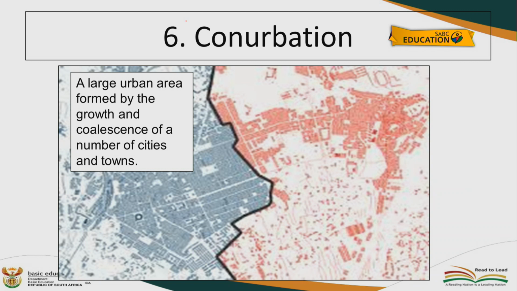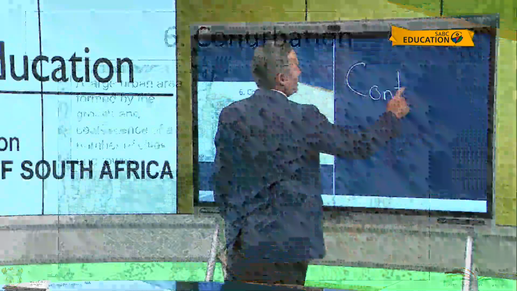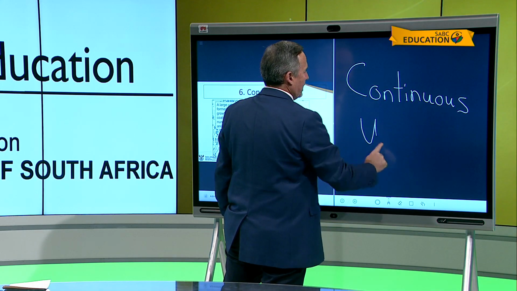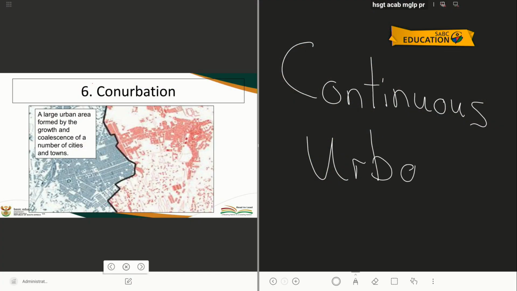Here, in terms of the conurbation, to try and understand this one, the word con, if you just add continuous and you take the last part of the word urban, they make up the word conurbation. These are urban settlements that have started joining.